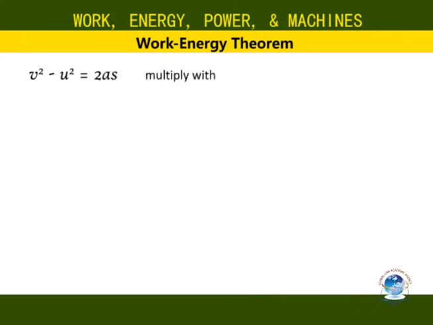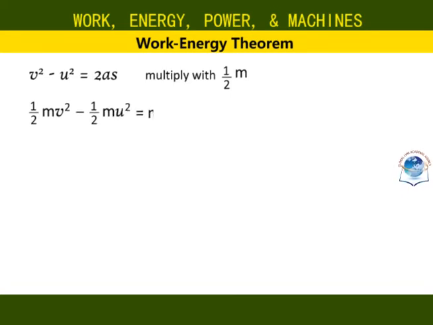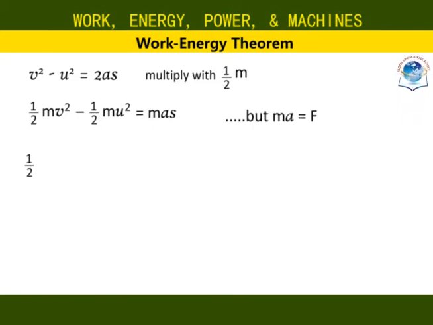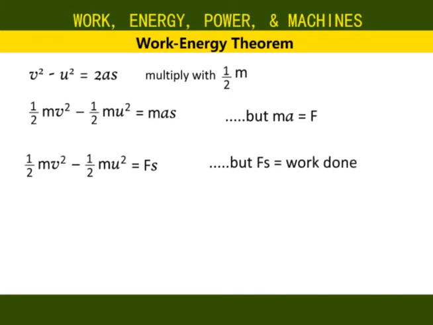Multiplying both sides by a half m and simplifying, we get a half mv squared minus a half mu squared is equal to mas. But ma is equal to force F. So a half mv squared minus a half mu squared is equal to Fs. Fs is equal to work done.